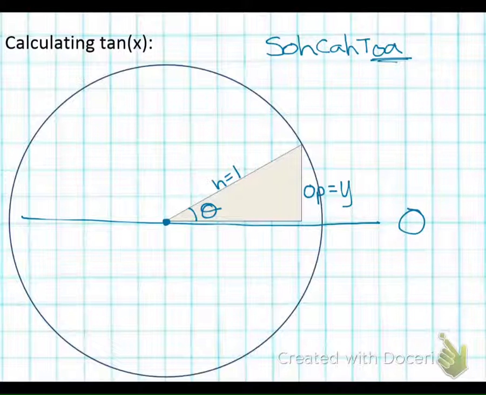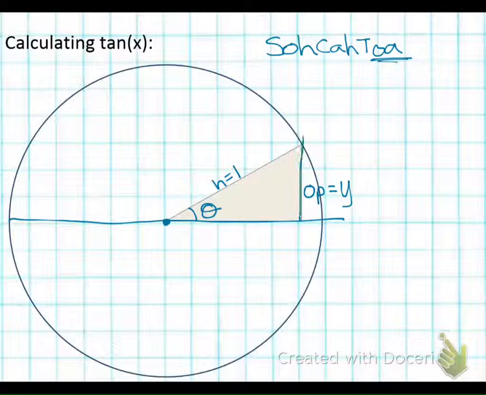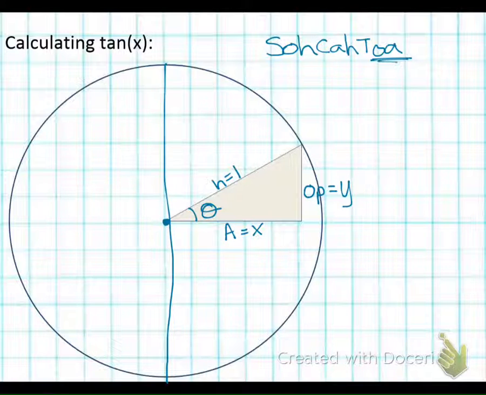This would be 0, right? This is the x-axis, so whatever distance this is, that's the y value. And then this is the adjacent side, which is just the x value. Again, this would be like our y-axis, so any distance here is an x distance.